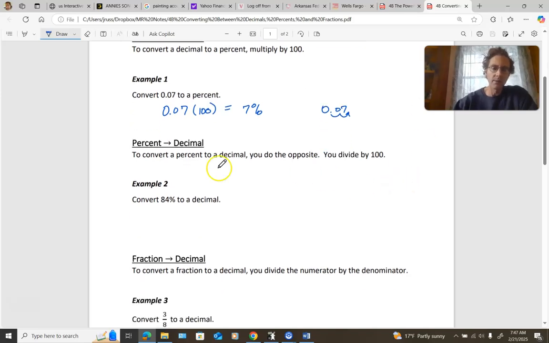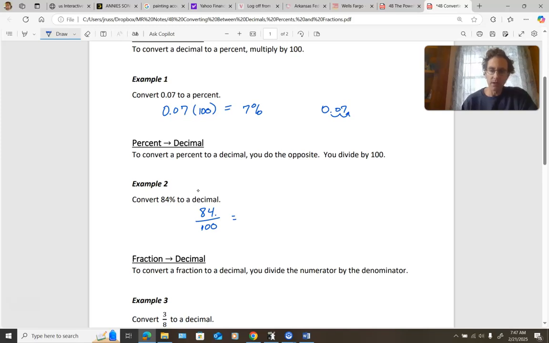But if you are going in the opposite direction, you're starting out with a percentage and you want to convert that to a decimal, then you would divide by 100. Now dividing by 100 will just move the decimal to the left 2 places. So we know there's an understood decimal point behind the 4.